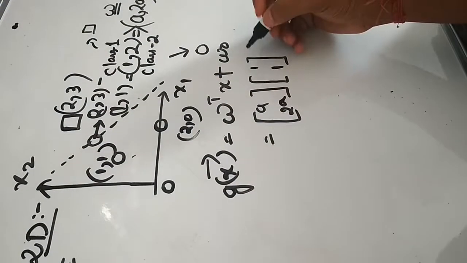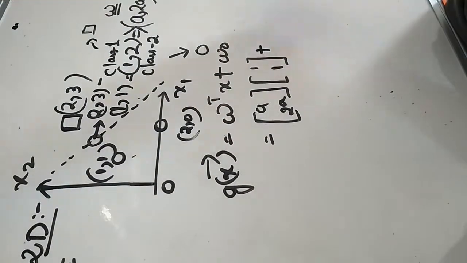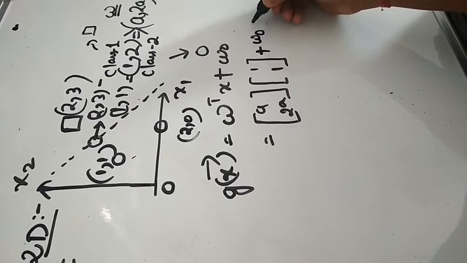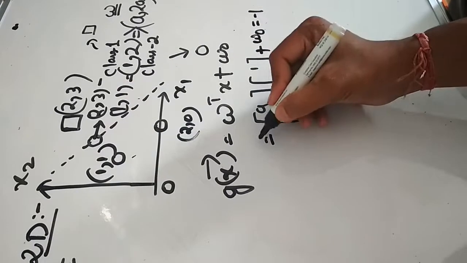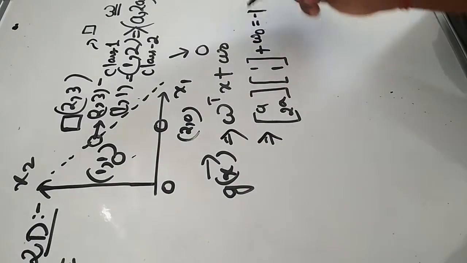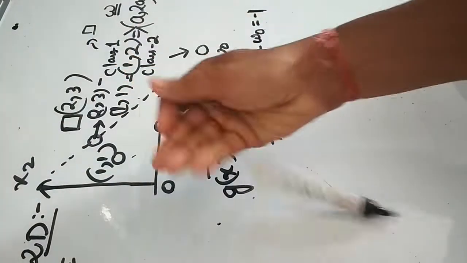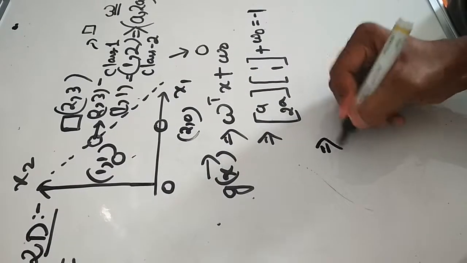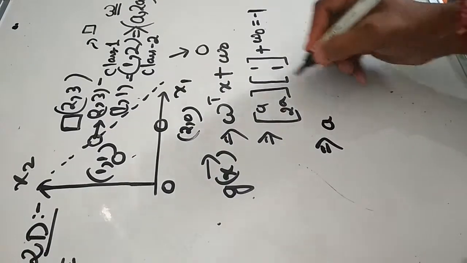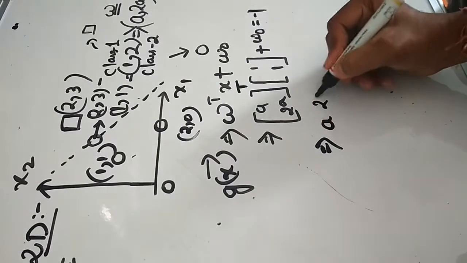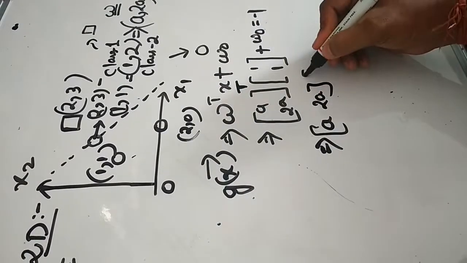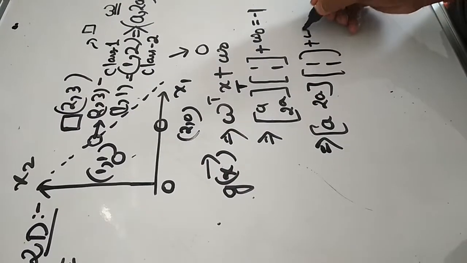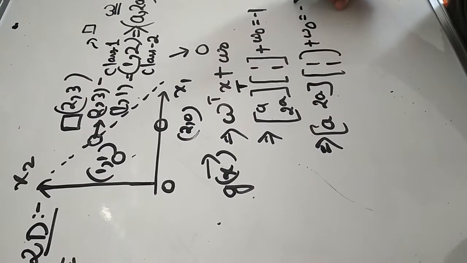So plus this 1 comma 1 plus w0 is equal to minus 1. So you can see that I am getting minus 1 here because this is in this group. So this is called minus 1. So if I am solving it, a, and this is transpose, so this will be converted to like this, then 1, 1 plus w0 is equal to minus 1.